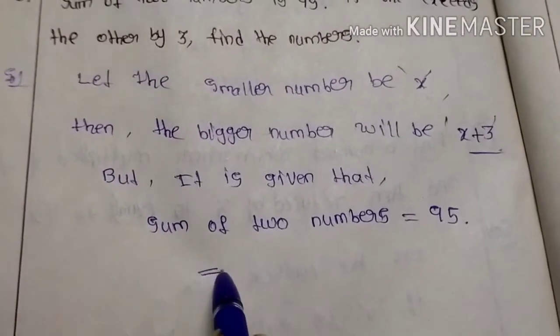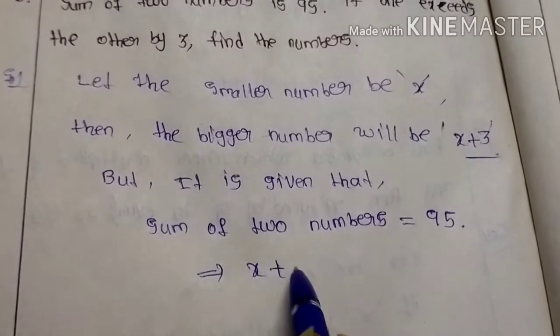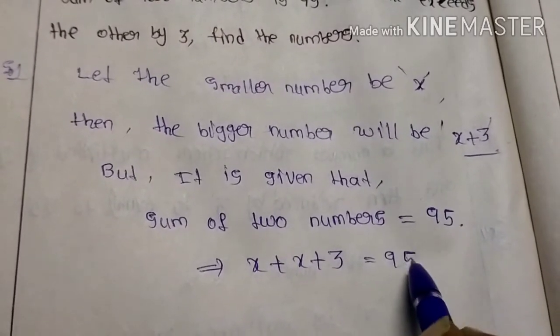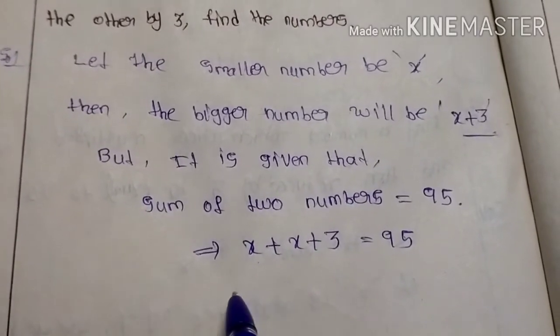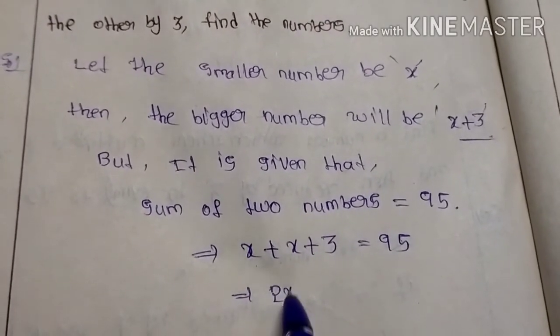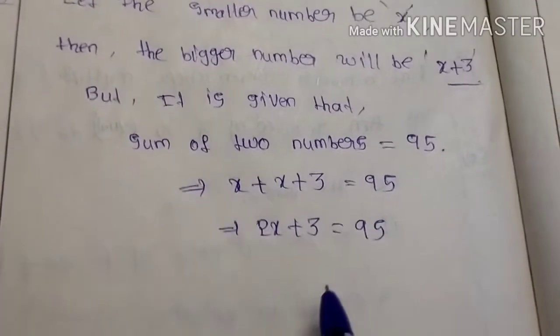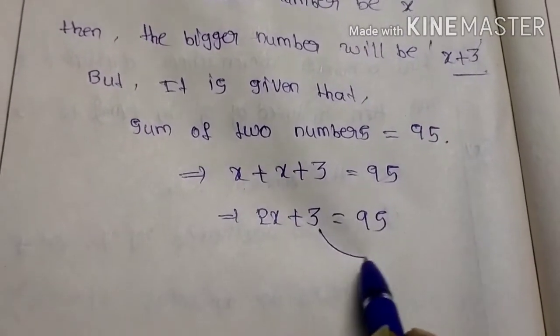That implies x plus x plus 3 is equal to 95. Here x plus x is 2x. 2x plus 3 is equal to how much? 95. You can transpose 3 to RHS.